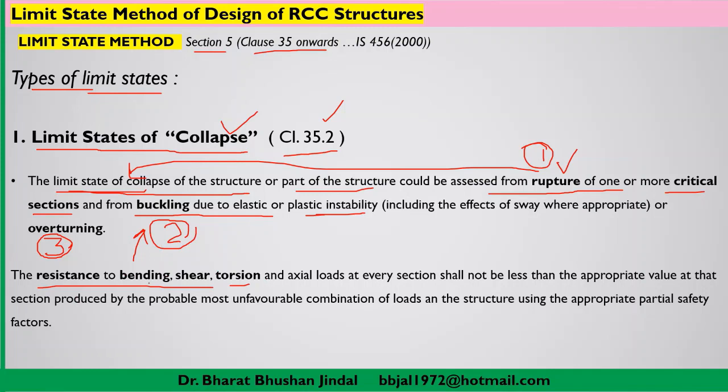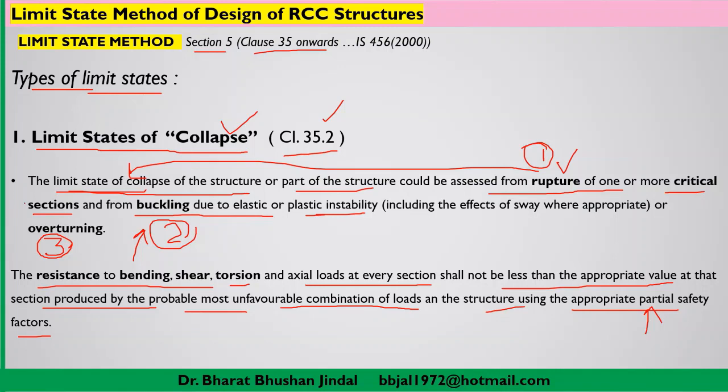So the resistance to bending, shear, torsion, and axial load at every section shall not be less than the appropriate value at that section produced by the probable most unfavorable combination of loads on the structure using the appropriate partial safety factors. So here we are terming it as partial safety factor.